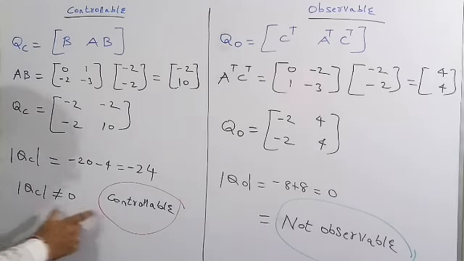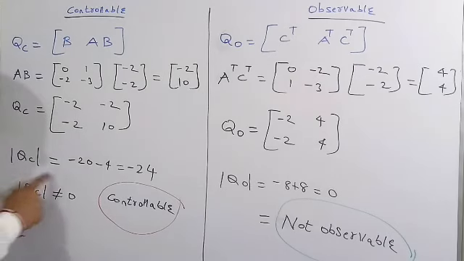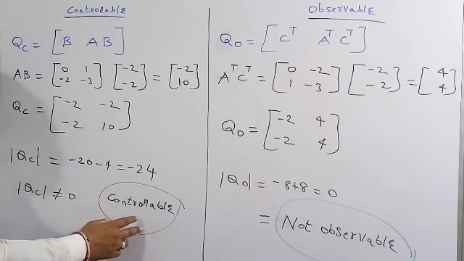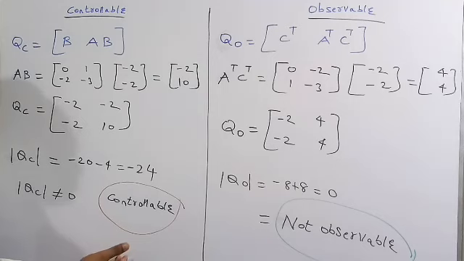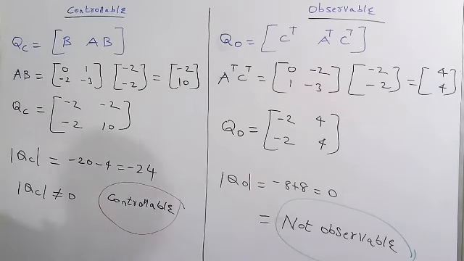If it is non-zero, it means controllable. Suppose if it is equal to 0, it is uncontrollable. In this case it is not equal to 0, so we can conclude that this state model is controllable, means the state variables are controllable.